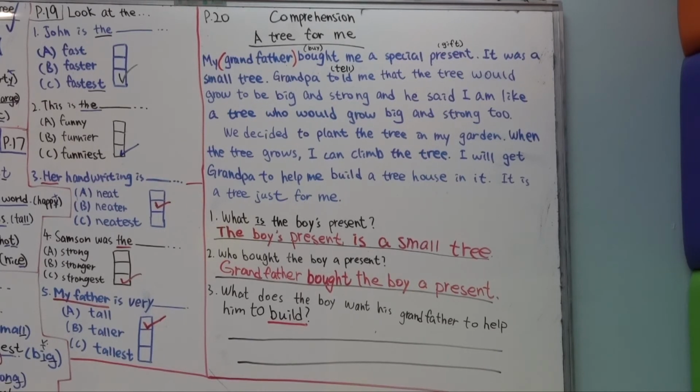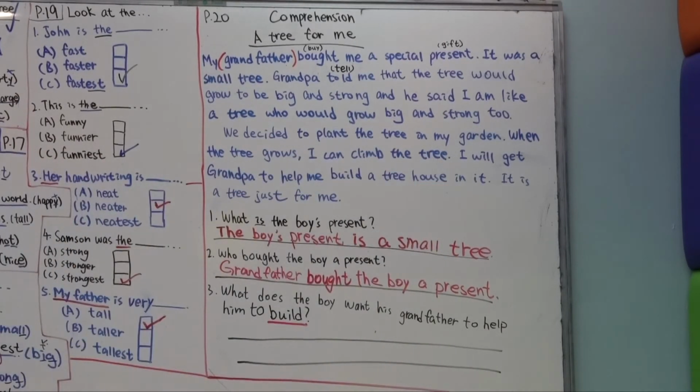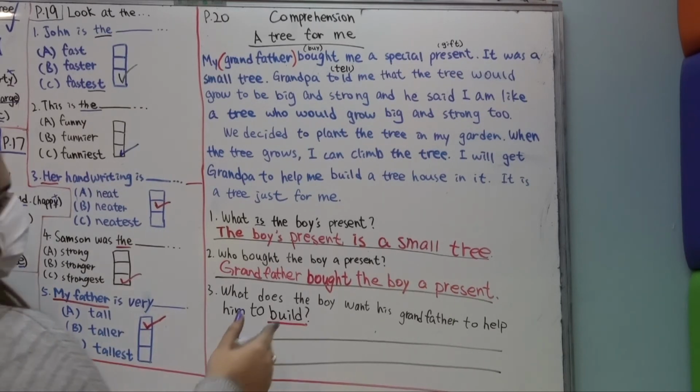So can you find the verb build for me in the second paragraph? Where is it? It's over here, right?